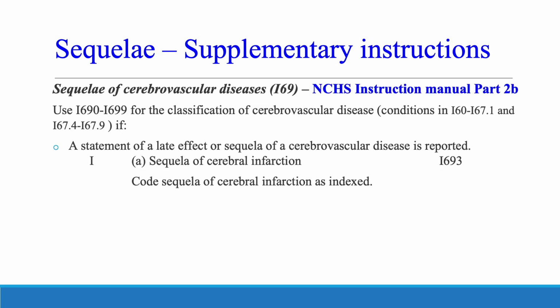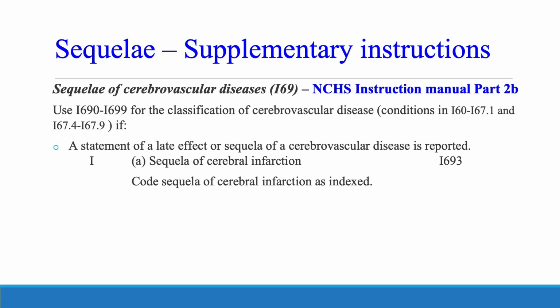Here's how the use of I69 and its 4 character subcategories is described in the NCHS Instruction Manual 2B. The format of the instructions is slightly different, but these instructions do not appear in Volume 2 of ICD-10, but rather in the NCHS Instruction Manual Part 2B.